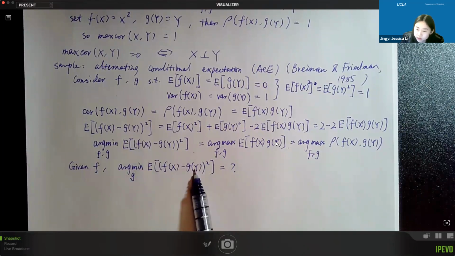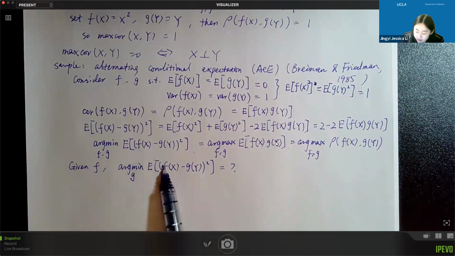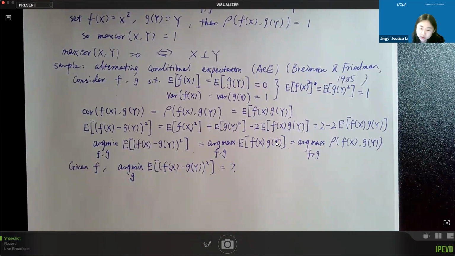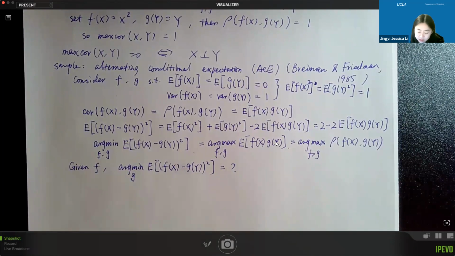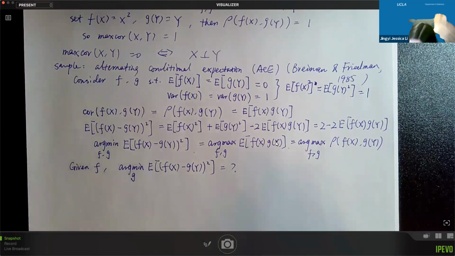Here y is regarded as your predictor and f(x) is regarded as your response. So how do you find that? In this case, we can show that the regression function that minimizes the square loss is the conditional expectation. Because g is a function of y, it's actually the conditional expectation of f(x) given y.